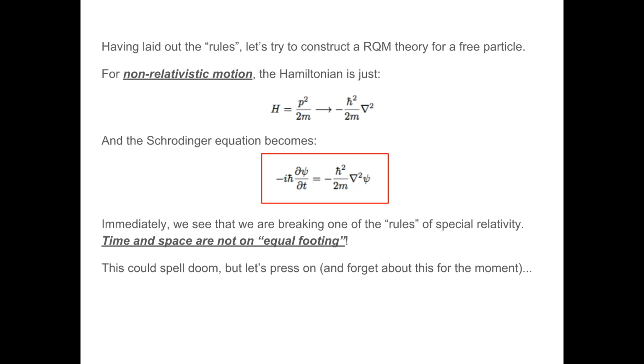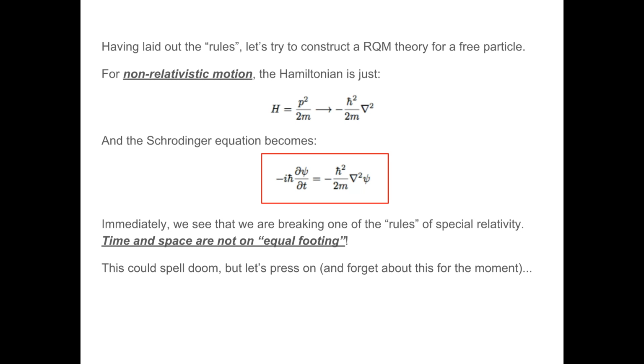In a mathematical sense, whatever the power of t is, the spatial part should come in at the same power, and that's not the case. Here we have second order derivatives in space, and on the left-hand side, we have a first-order derivative in time. So right off the bat, it looks like a problem, and we didn't do anything wrong in quantum mechanics.